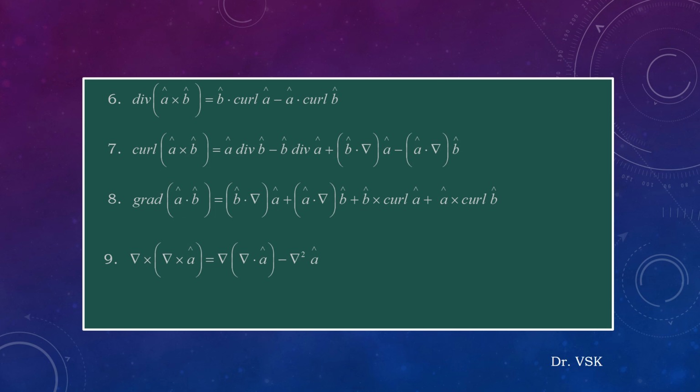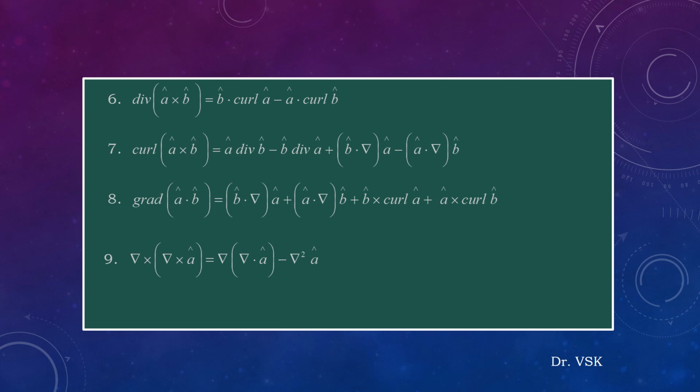We can find out divergence and curl. We found the divergence already in the previous 6th identity. Now in this 7th identity, we have to find out the curl of the same vector A cap cross B cap. So the LHS of this identity is a vector field.